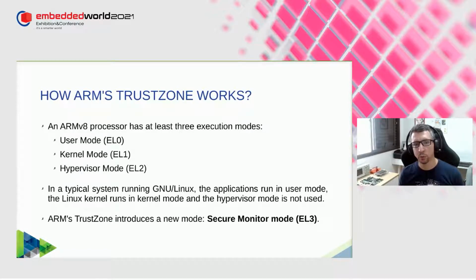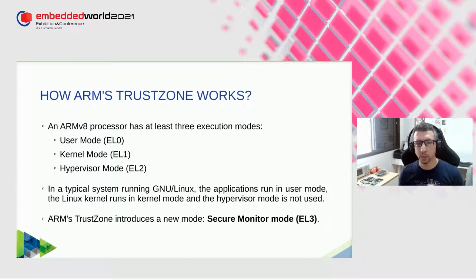So in ARMv8, we have at least 3 execution modes: user mode, kernel mode, and hypervisor mode. A typical system running Linux, of course, you're going to have applications running in user mode, that they call EL0, exception level 0. We're going to have the Linux kernel running in kernel mode, EL1, and usually don't have a hypervisor in an embedded device running Linux, but we could. That's why we have a mode for that.